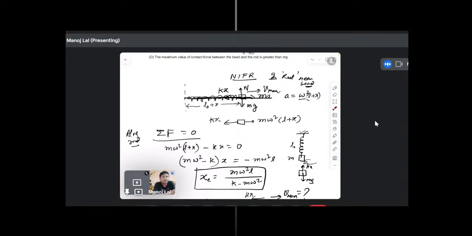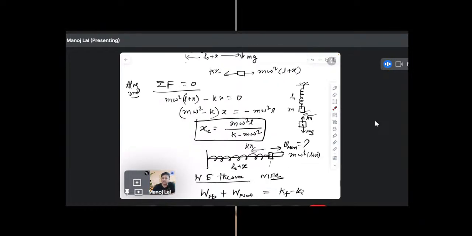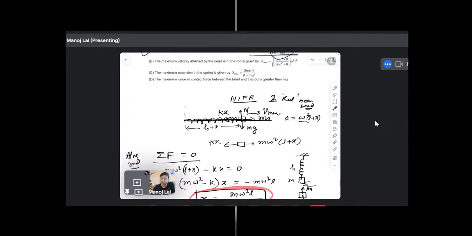The elongation is mg by k in equilibrium, and twice of that is the maximum elongation. And then the option will be C. C is the correct option there.